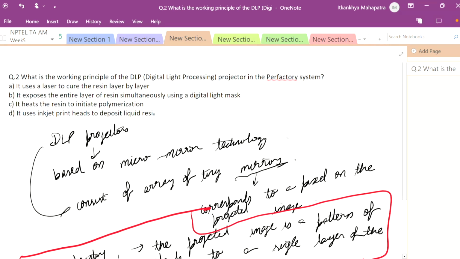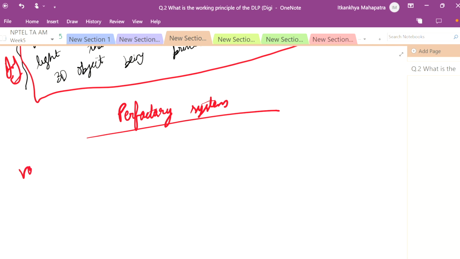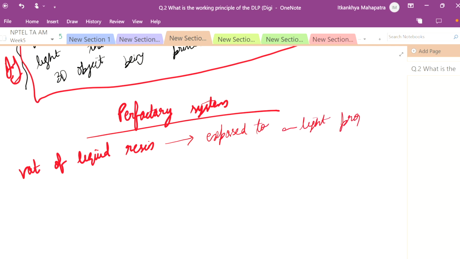Now, the Perfactory system, as we read here. What happens in a Perfactory system? A vat of liquid resin is exposed to light projected by the discussed DLP projector.